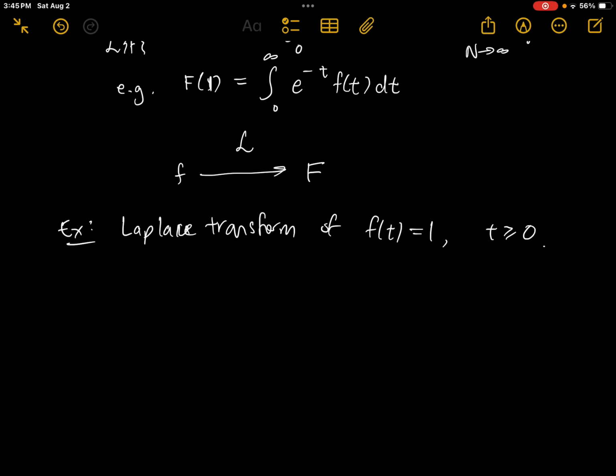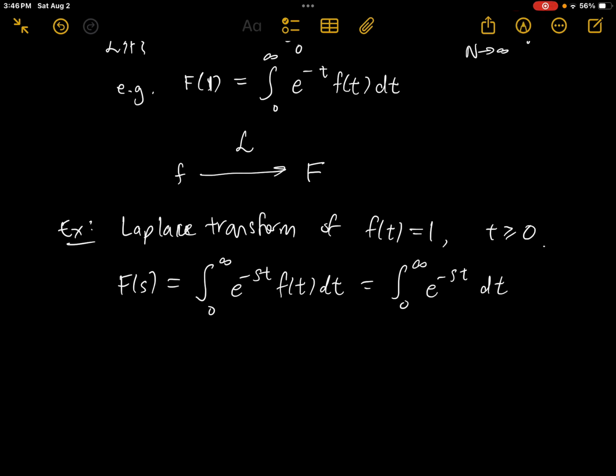What is the Laplace transform of this function? Well, we will use the definition. The Laplace transform, capital F of s, is defined to be the integral from 0 to infinity of e to the minus st little f of t. And that's going to be the same as, in this case, little f of t is 1, so it's going to be the integral from 0 to infinity of e to the minus st dt.